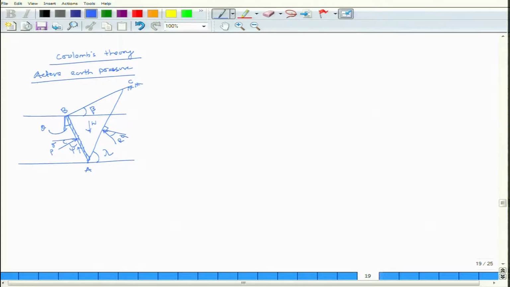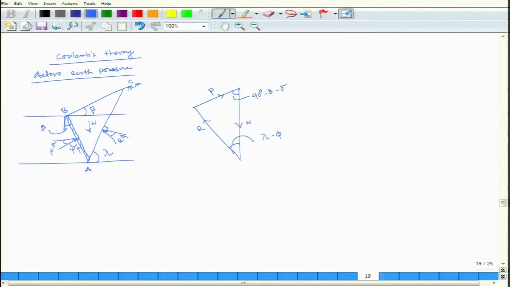So, how has it to be solved? It has to be solved by means of a force triangle. So, this is P, and this will be R, and this is W. So, this will be 90 degree minus theta minus delta, this your lambda minus phi.